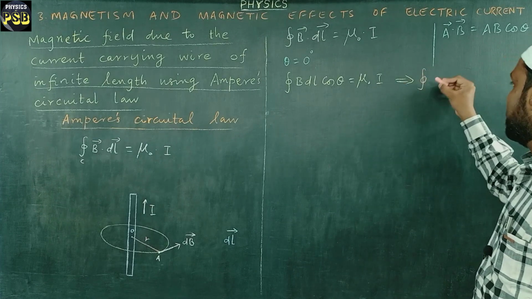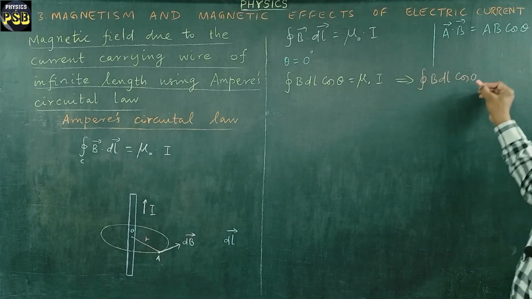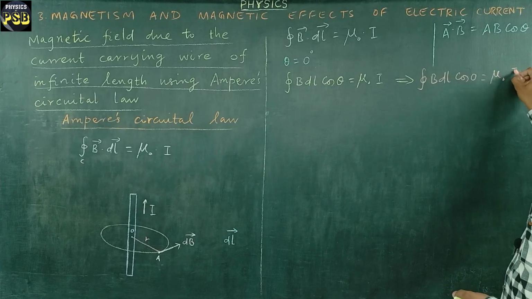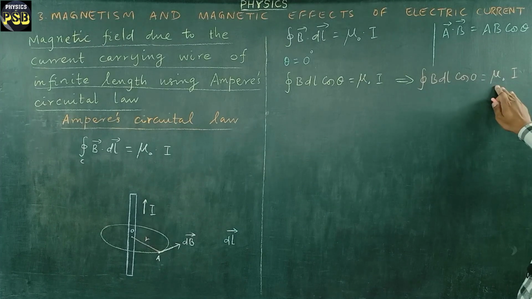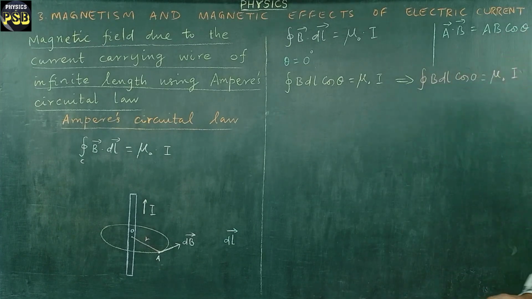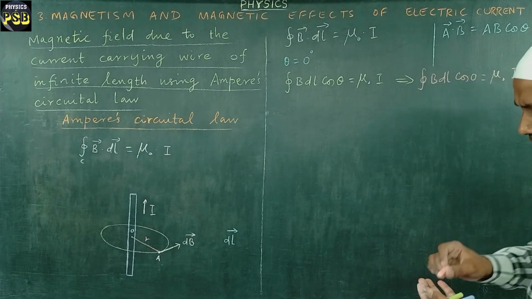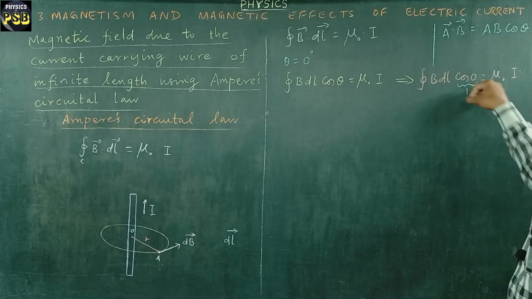So, closed integral of B dl cos 0 equals mu naught I. Here mu naught is the permeability of free space. Remember that. And I is the current. And we know cos of 0 is 1.